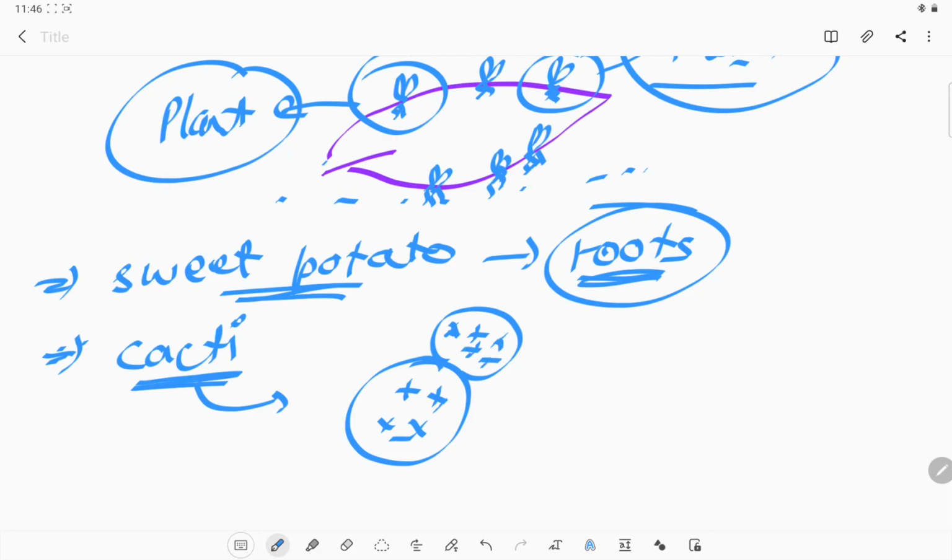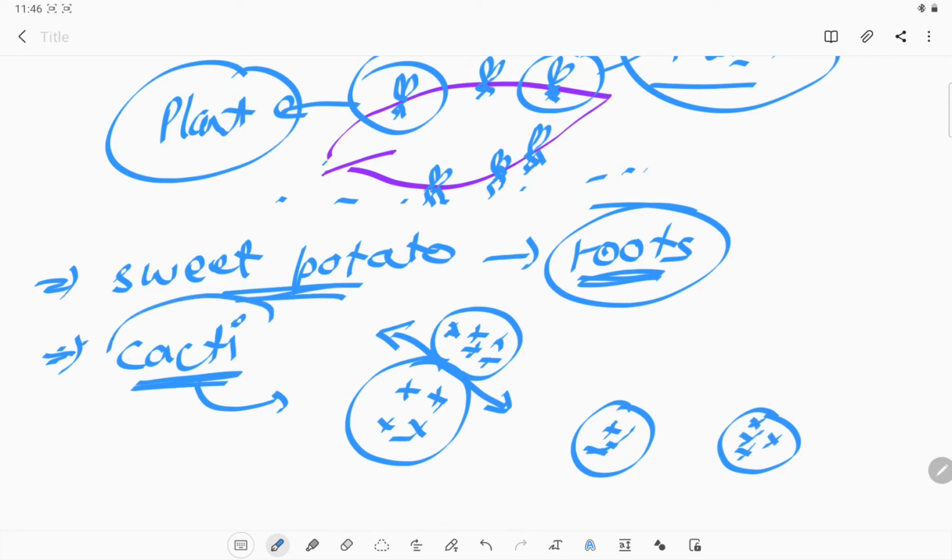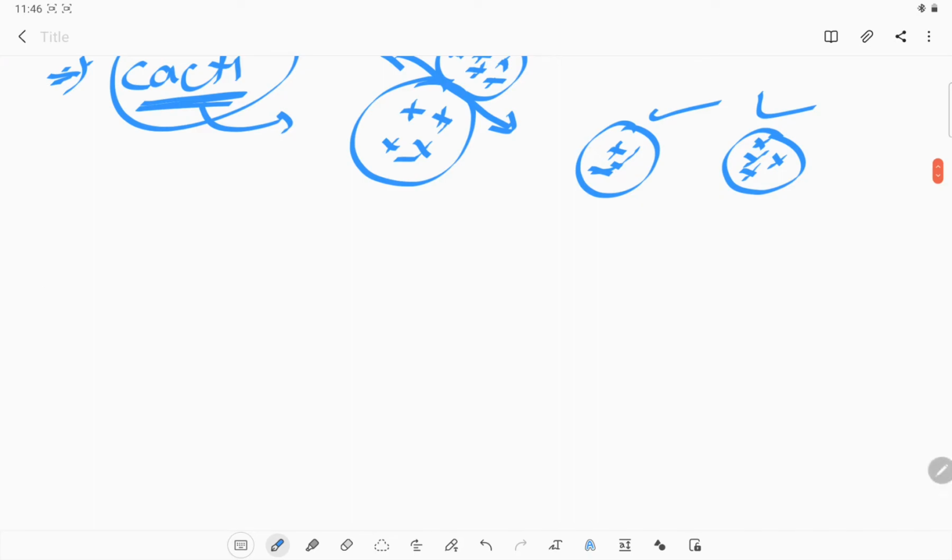The plant is growing a new part on itself, and then they detach that part from their body, and two individuals will form. So this is how normally cacti grow. So the cacti is also growing from the main body parts. Without the reproductive parts, they are growing into a new individual. And if we produce a new individual from the parent body, that is known as reproduction.